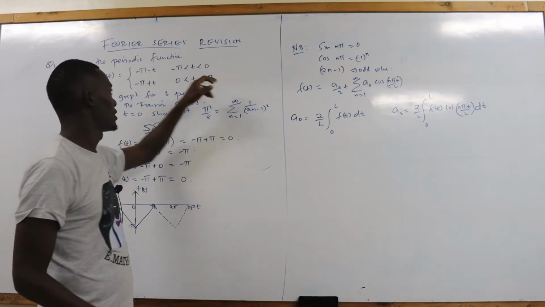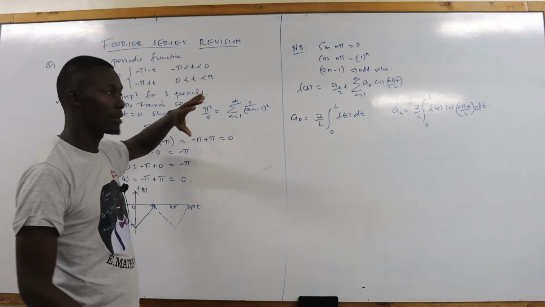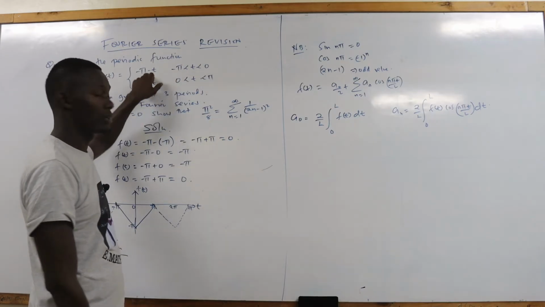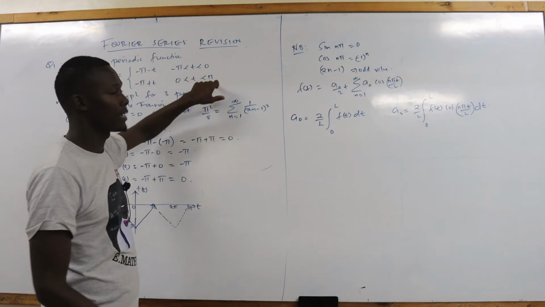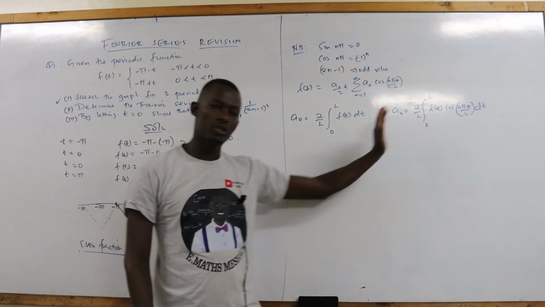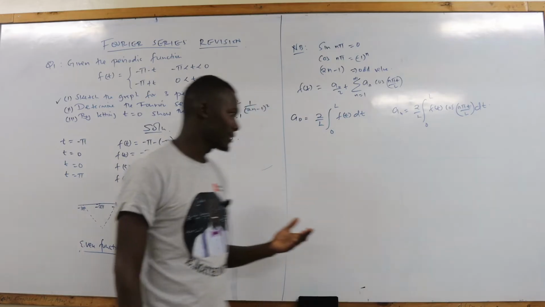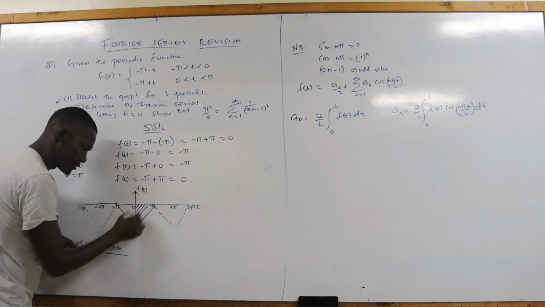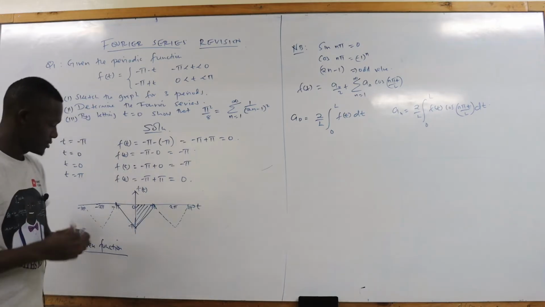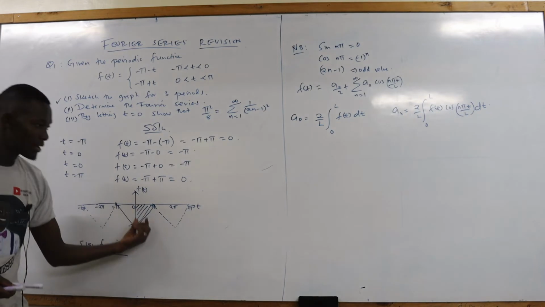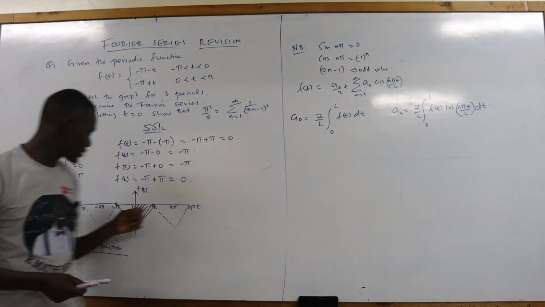So what I'm saying is, you'll take the integral from negative pi to 0 of this function, then from 0 to pi, then you add the two of them together. But now when a function is even, we say, let's just work one side of the function, then we multiply it by 2, because we have two sides.